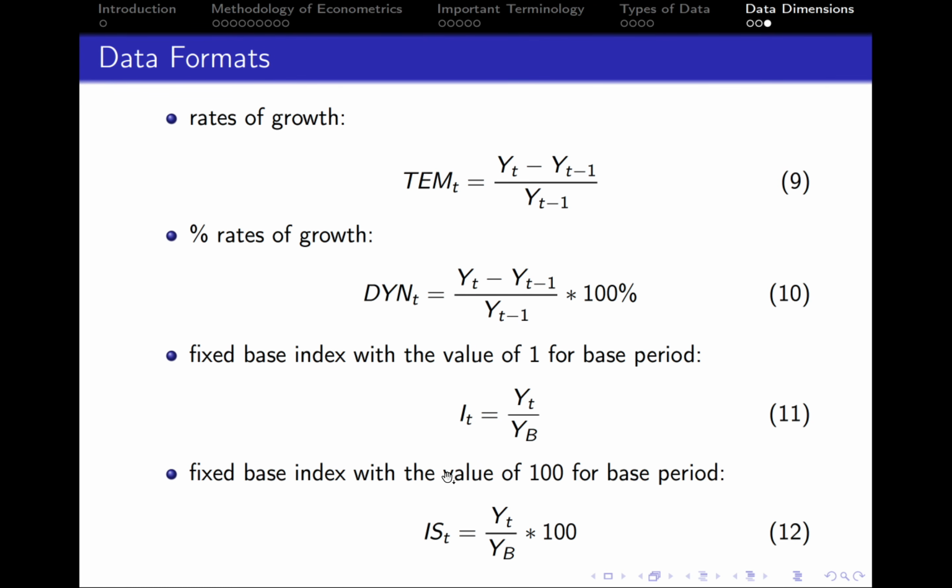So when we deal with fixed base index, the variables are calculated in the following way. So its value in some period t is divided by its value in the base period, which is a constant term, obviously. We can also express this fixed base index with the value of 100. So in addition, the equation above is just multiplied by 100.